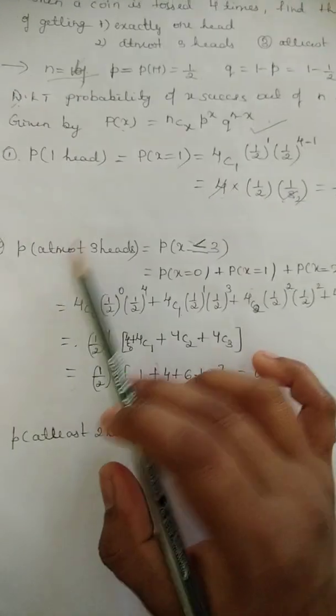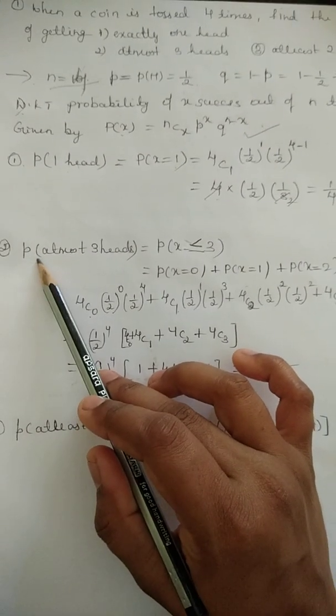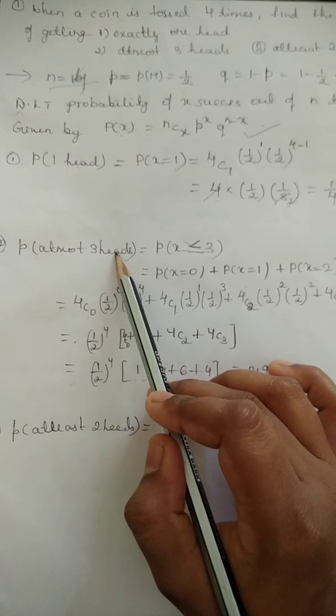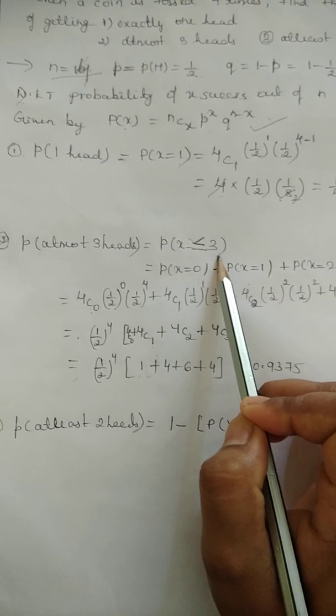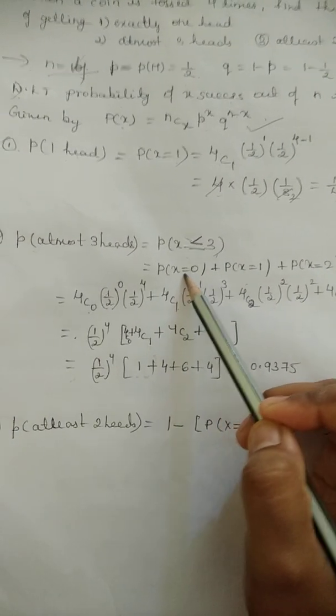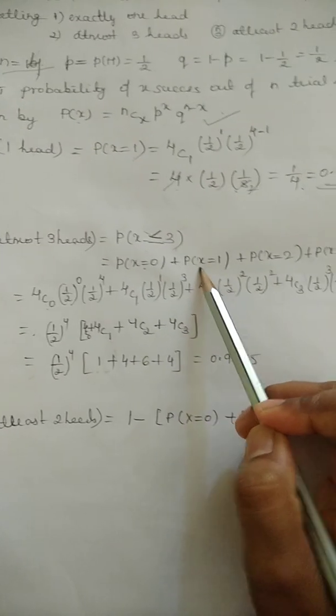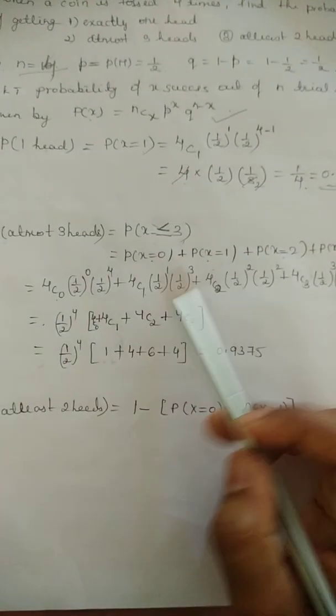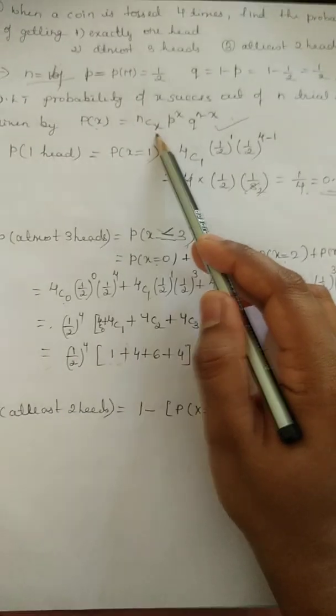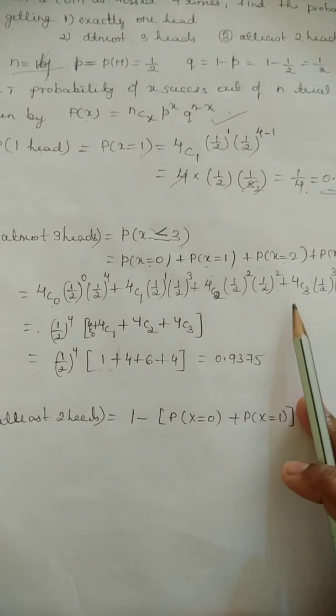Now they asked to find at most 3 heads. At most 3 heads means less than or equal to 3, so x is equal to 0, 1, 2 and 3. You can use the same formula again.